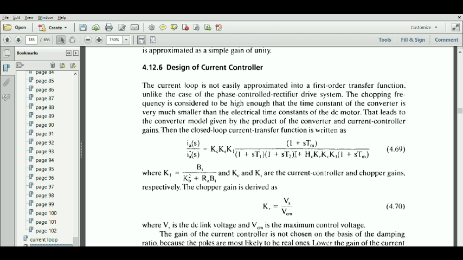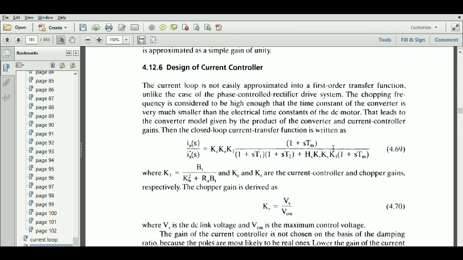You will get KC, KR, K1 into 1 plus STM, divided by 1 plus ST1 into 1 plus ST2 plus HC, KR, KC, K1 into 1 plus STM, where 1 plus ST1 and 1 plus ST2 come from K1 divided by 1 plus ST1 into 1 plus ST2, the current controller transfer function. Since it is a closed loop system, that is why you get this.